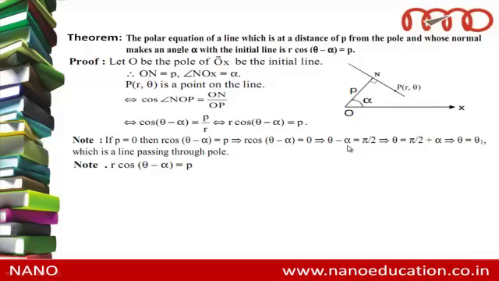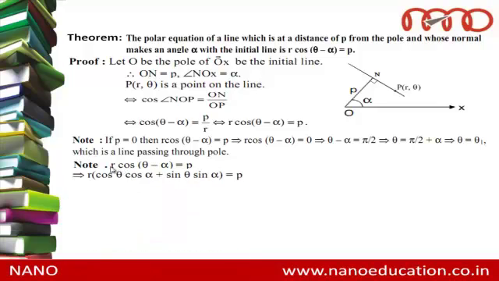Theta is equal to alpha plus pi by 2. Let's say alpha plus pi by 2 is some theta 1, or theta 1 is the angle the line is making with the initial ray. Then theta equal to theta 1 will be the equation of a line which is passing through the pole.